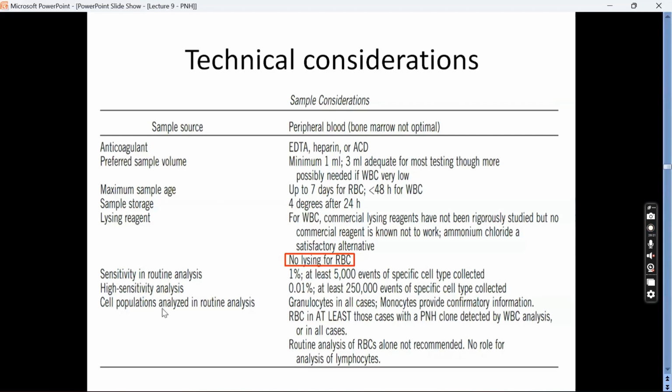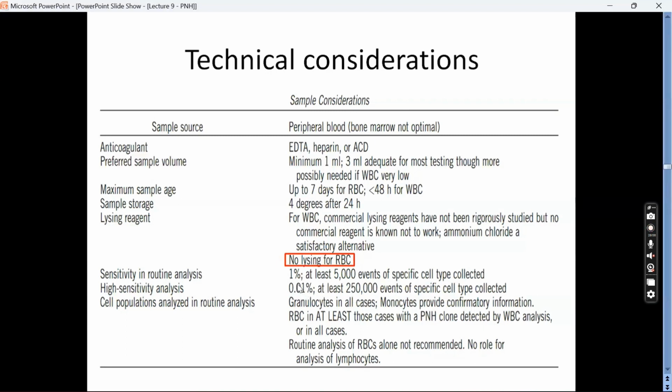The sensitivity of the routine assay is 1%. If you want to detect a PNH clone greater than 1%, it is sufficient to acquire somewhere around 5,000 events. But it's better to do a high sensitivity analysis, where you will detect a PNH clone down to 0.01%. In that case you need to acquire more events, around 250,000.